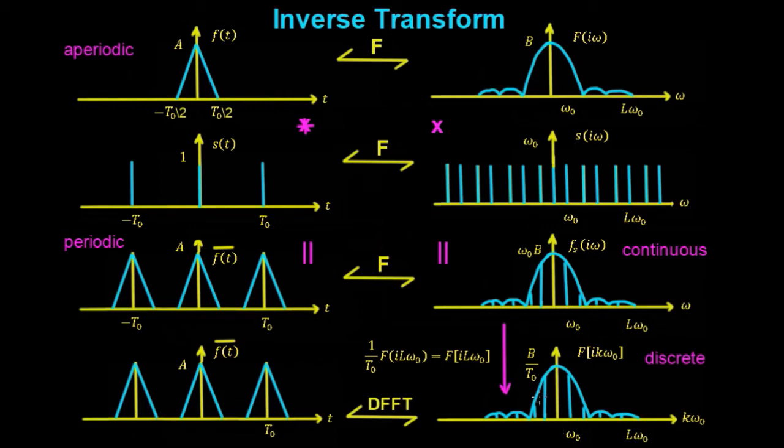If we were to take the inverse discrete frequency Fourier transform of this function, we would just get back to this function here, which would be a continuous periodic function. So whenever we do the inverse Fourier transform of this discrete function in the time domain, it's going to give us a continuous periodic function of time.